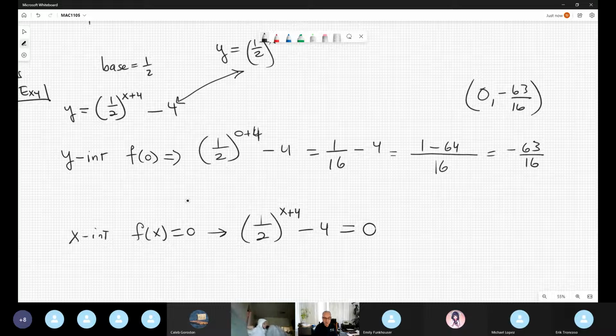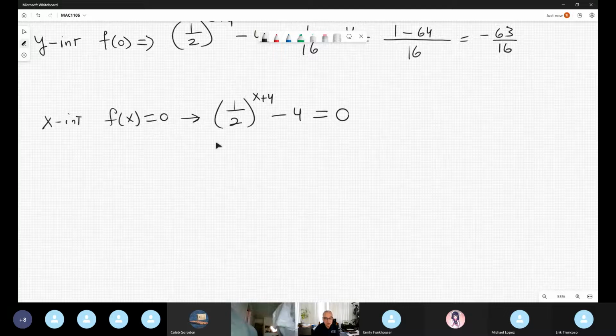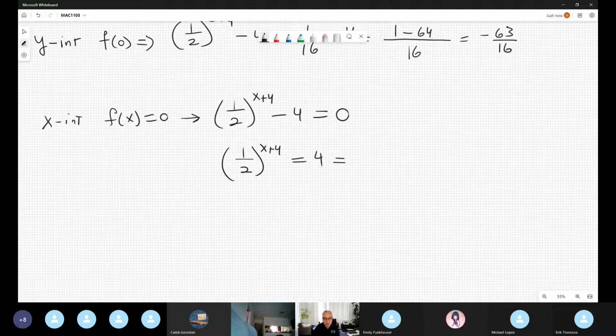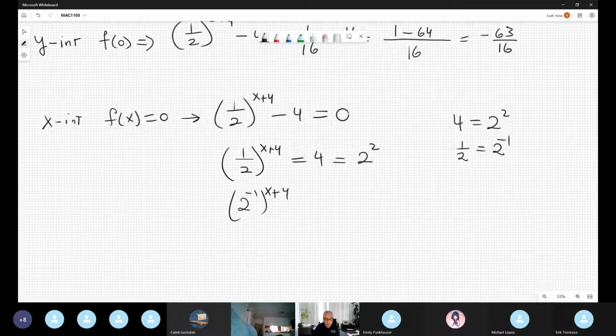Now, solving this exponential equation, we have 1/2 raised to the x plus 4 equals 4, but I know that 4 is 2 to the second power, and I know that 1/2 is 2 to the -1 exponent, the reciprocal. Now you replace: 2 to the -1 raised to the x plus 4 is equal to 2 to the second power. Therefore, multiplying, 2 to the minus x minus 4 is equal to 2 to the second. Wow, same base on both sides.